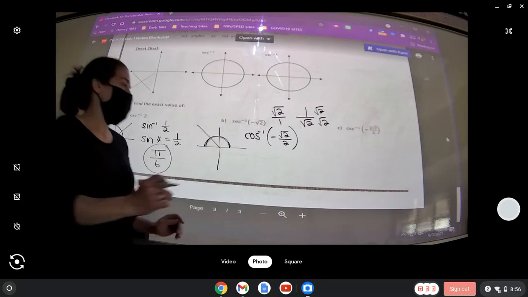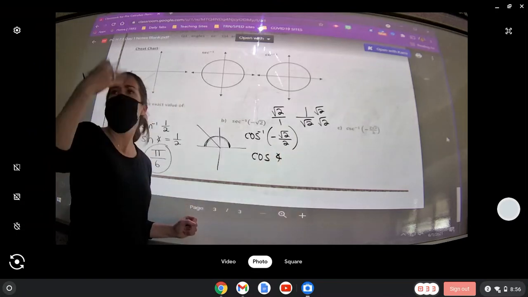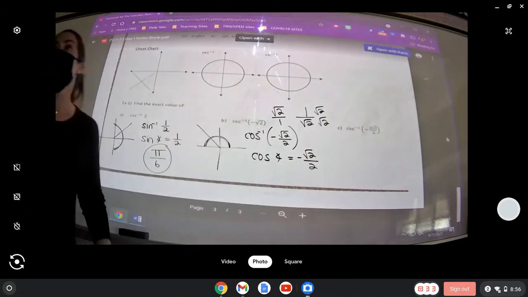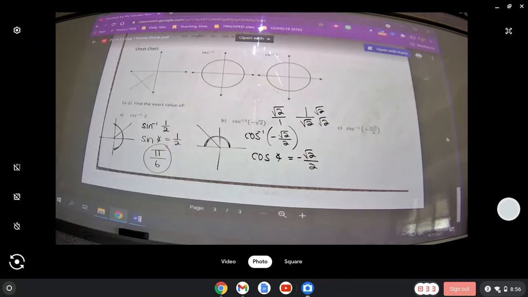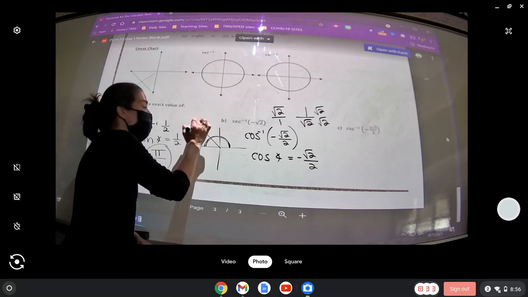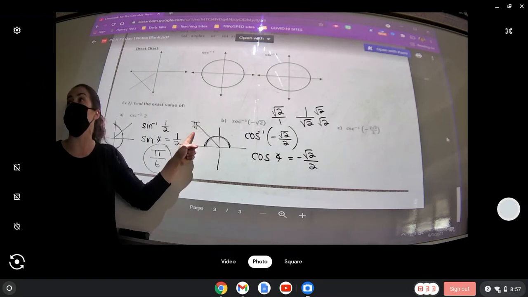Okay, does anybody know the cosine of what special angle, 30, 45, 60, had a ratio of √2/2? Was it a 30, a 60, or a 45? A 45.